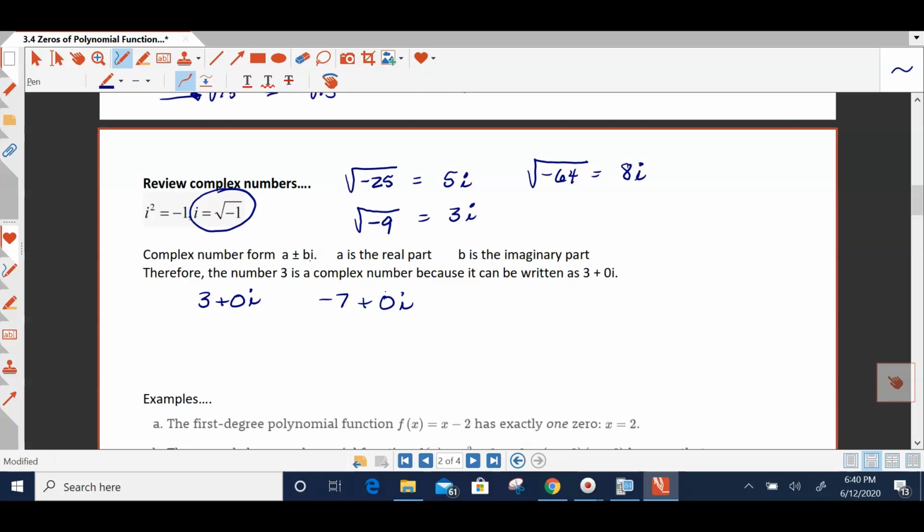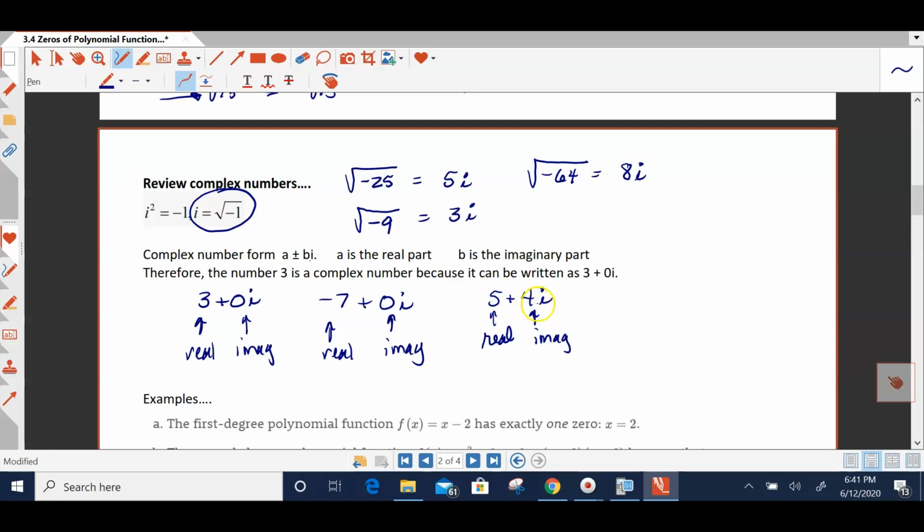If I had this complex number, 5 plus 4i, 5 is the real part, the 4 is the imaginary part. Over here, -7 is the real part, 0i is the imaginary part, and so on. Real, imaginary.